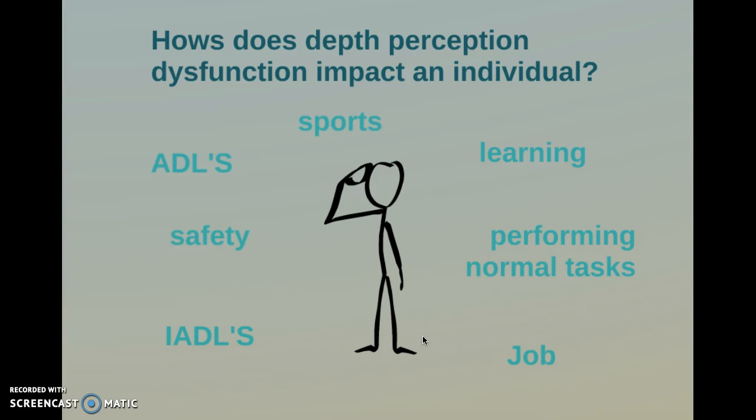Actually, a lot of falls in the elderly are caused by depth perception problems. For IADLs, preparing a meal will be rather difficult. Children trying to learn are going to also have difficulty performing normal tasks, and finding a job will be pretty difficult. A lot of companies don't really accept people with bad depth perception or with only one eye, so it would be hard for somebody to find a job.